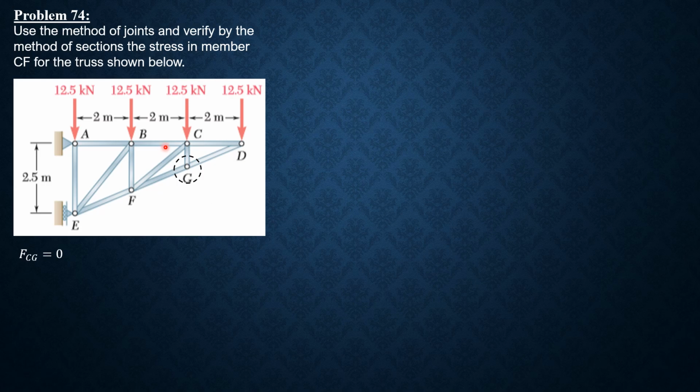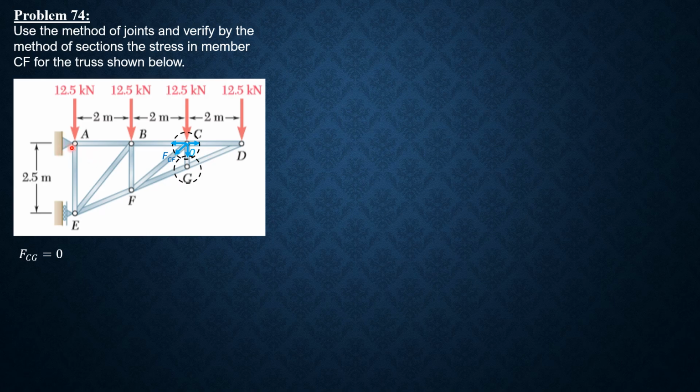Now, the problem is, what is the inclination or angle that CF makes with the horizontal before we proceed to joint C? If we analyze joint C, these are the forces. We have two horizontal forces there, and this is FCF, and we plan to sum up vertical forces so that only CF and 12.5 will be involved.